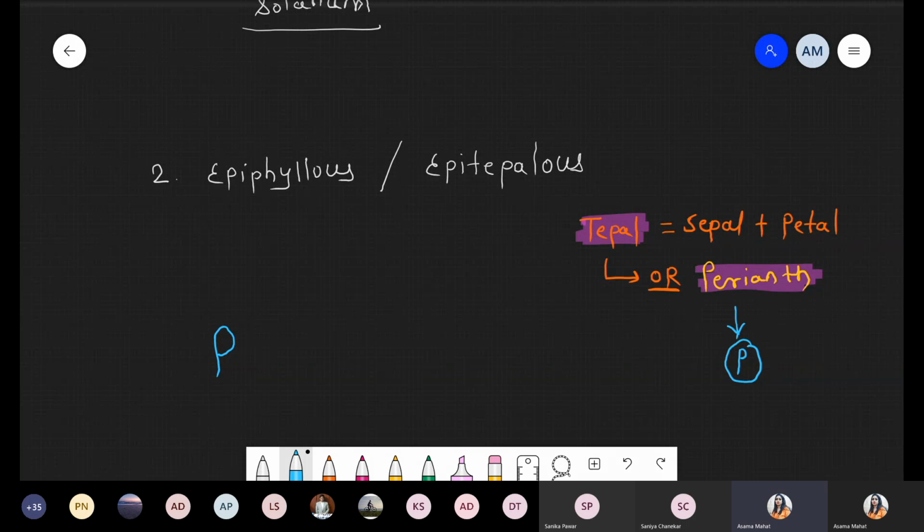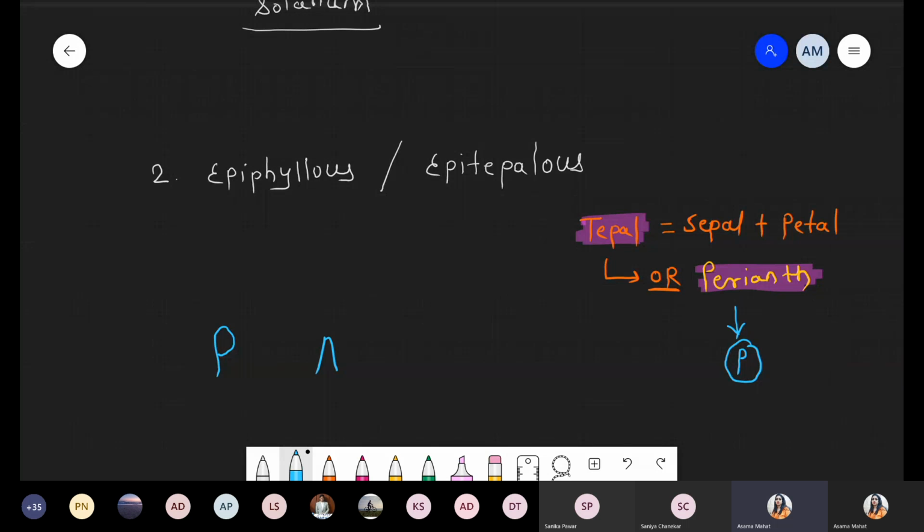So here we are not writing K or C; directly we represent capital P, meaning perianth. Very easy questions come from here. If you see the floral formula, जहाँ पे P होगा आँख बंद करके आंसर दे दो. That is the Liliaceae family, because these are the characteristic features of the Liliaceae family. So there is a presence of P.